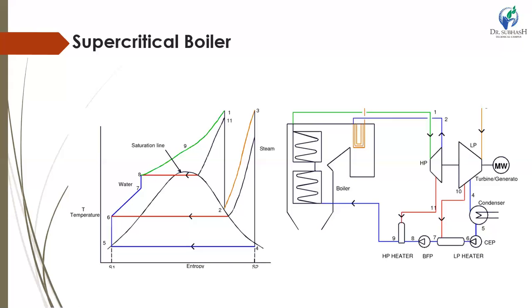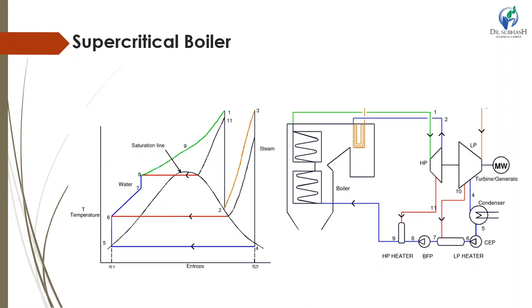These boilers are once-through type and the steam drum is absent. Feed water enters the economizer and leaves as superheated steam at the other end. The entire operation of feed water heating, steam formation and superheating is carried out in one single continuous tube.